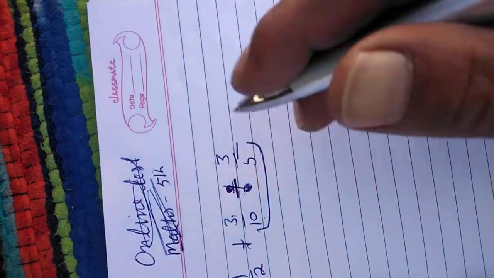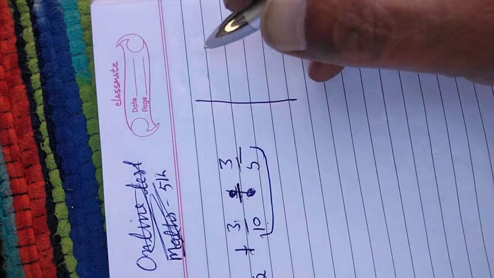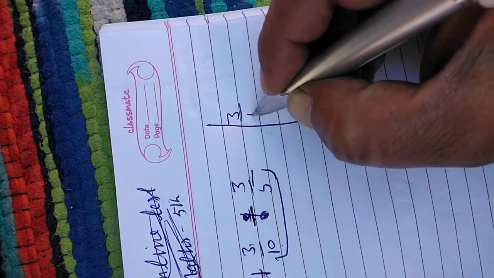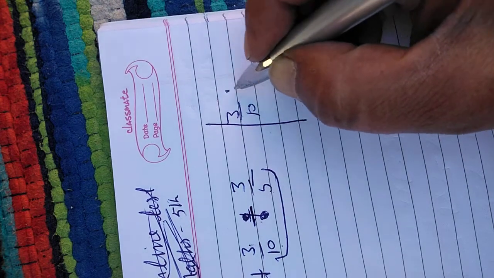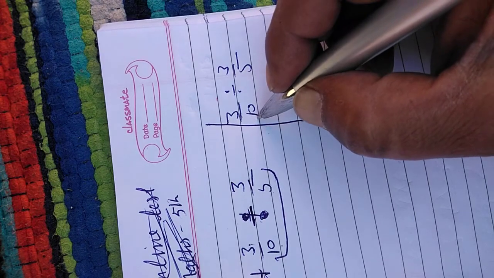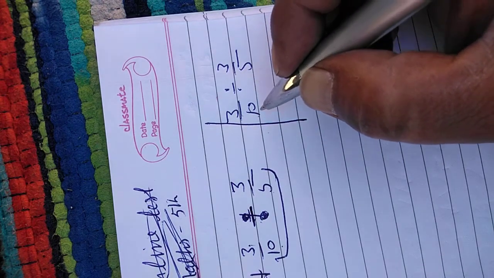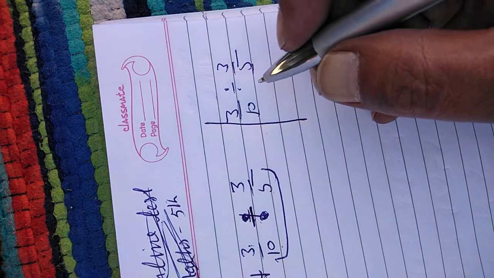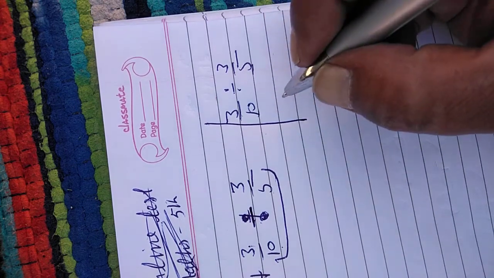If you wish to solve it in the rough column, you can solve it in the rough column. You write 3 upon 10 divided by 3 upon 5. This type of question we already solved in the chapter of fraction numbers, where fraction numbers are divided.